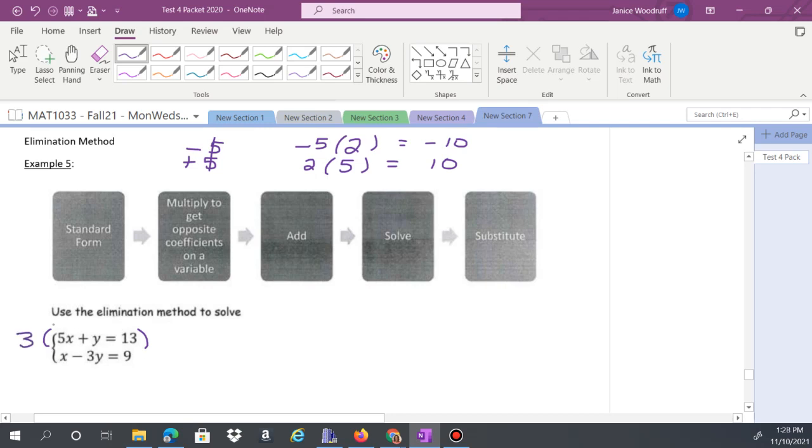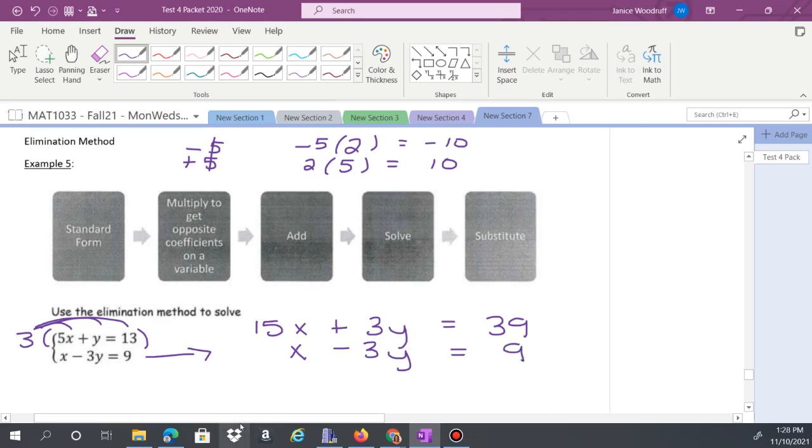We got to multiply by 3. So you do the whole thing. 3 times 5, 15. 3 times y will give us plus 3y. 3 times 13, 39. And then the second equation, since we don't need to multiply that, we just carry this over.